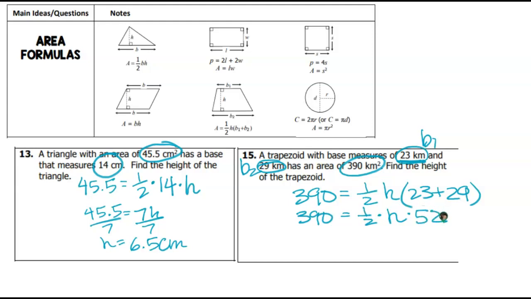I'm going to do my 1/2 times 52, and that gets me 26h. I put that in the front because that's typically how we write it in algebra. And now I am finally going to divide by 26, and I get h equals 15. I want to put my labels back on. This is a length, so it is just kilometers.